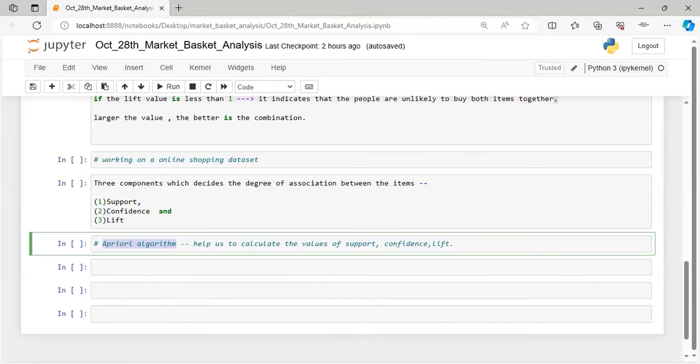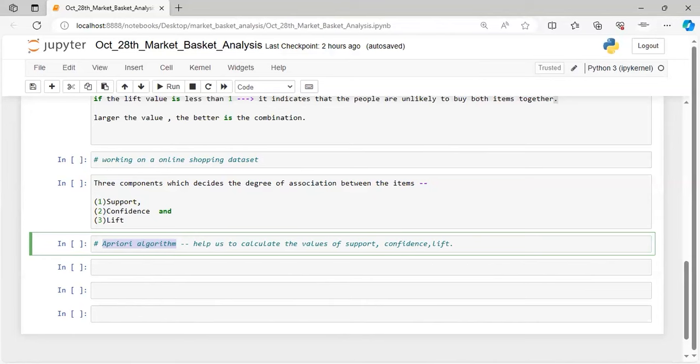You have to install the Apriori algorithm. It is available in the MLxtend library.